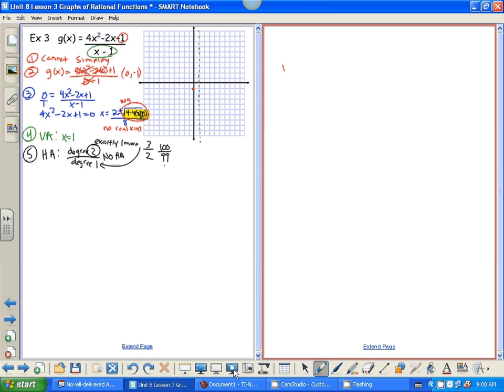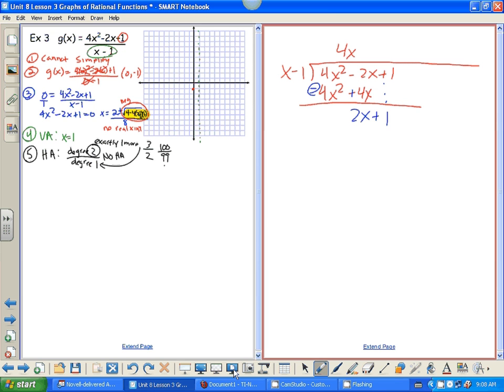I need to take x minus 1 and I need to put it into 4x squared minus 2x plus 1. So x can go into 4x squared 4x times. So that yields 4x squared minus 4x. Make sure I change my signs.